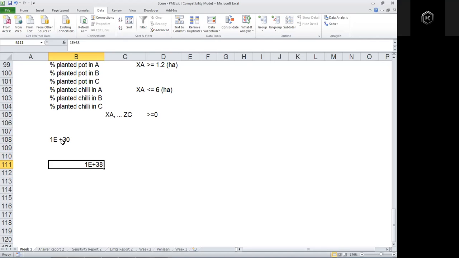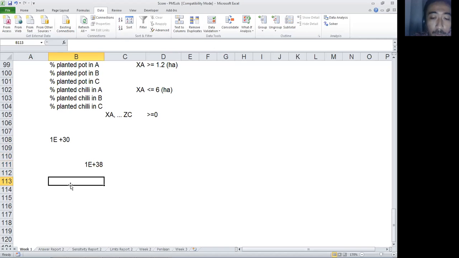So it is 1 times 10 to the power of 30. And sometimes you find this number 1.56 E plus 10. It means that 1.56 multiplied by 10 to the power of 10, in the range of 10 billion. So 1E means that.